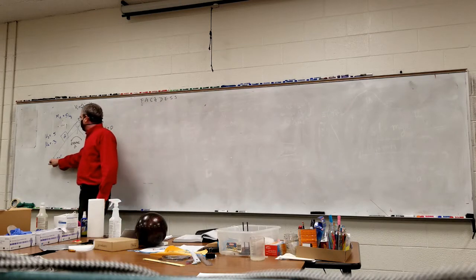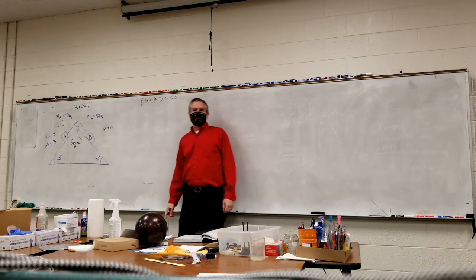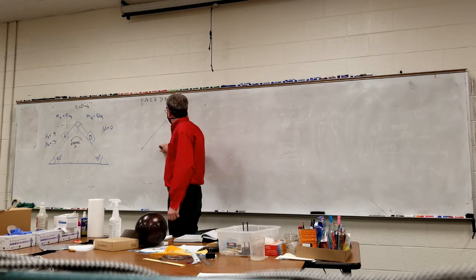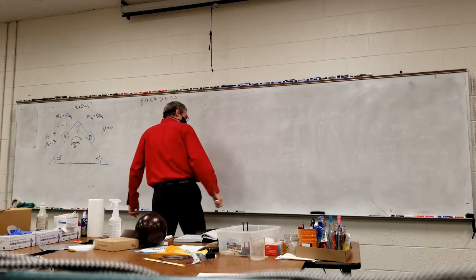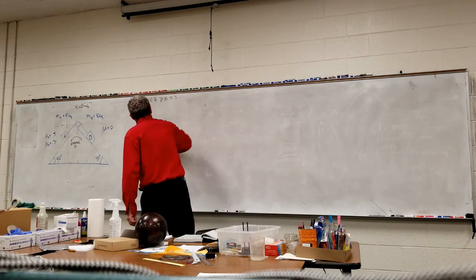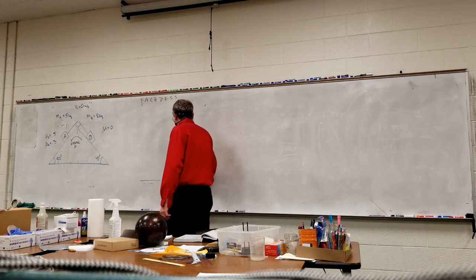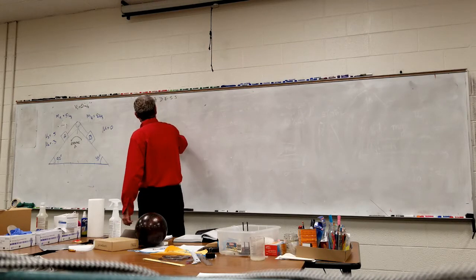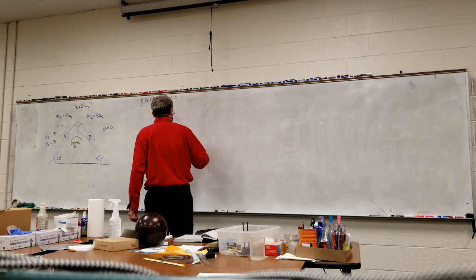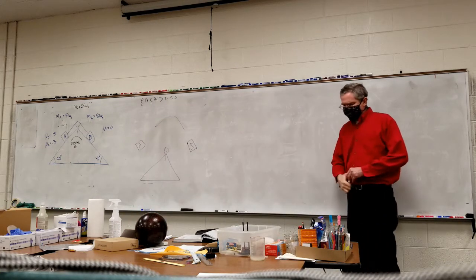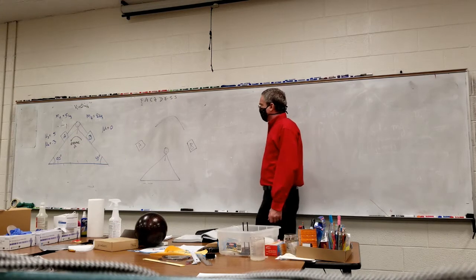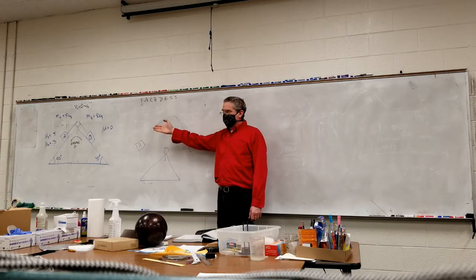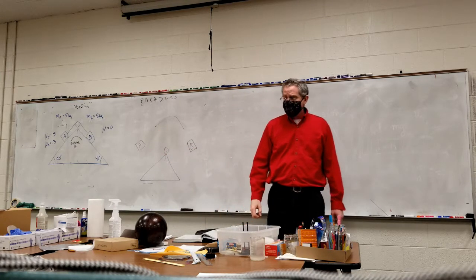Since we're assuming that this wedge is not moving at all, it's in essence part of the ground. I'm going to draw that lower on the board. Then we have A over here, a rope, and then B. As mentioned last time, try to draw these at the same orientation that they are in the original problem. I think it's easier when it comes to doing normal force to do it that way.